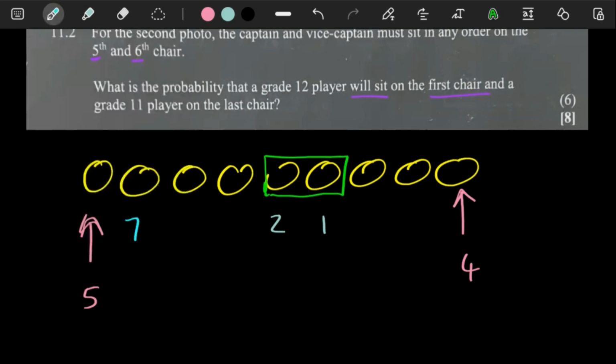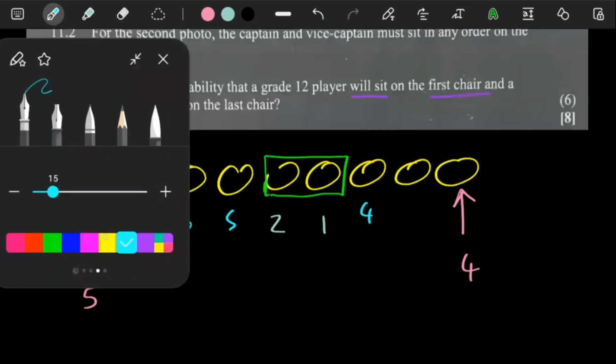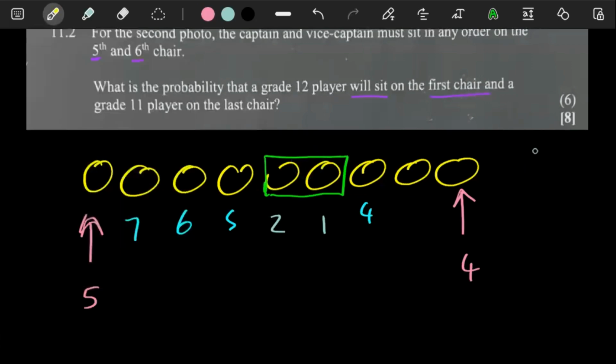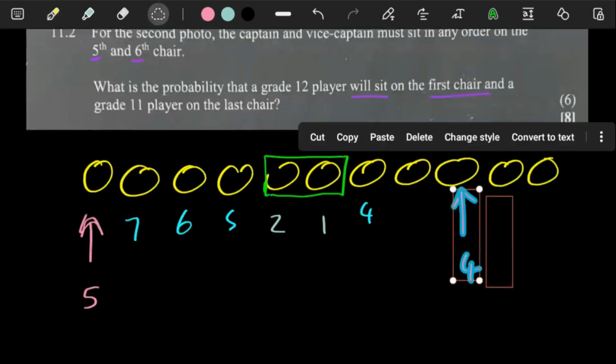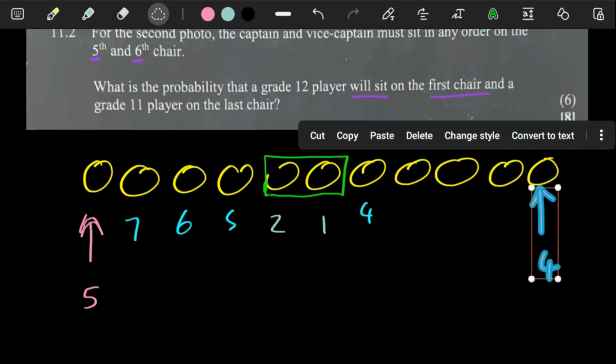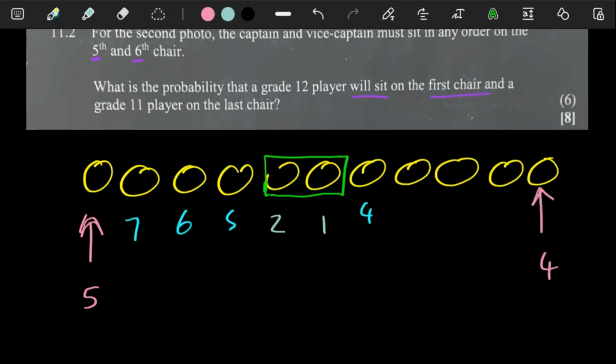Once one sits here, there's 6 options, then 5, and 4, and then let's see, 1, 2, 3, 4, 5, 6, 7, 8, 9, 10, 11. Wow. So when I was talking about the last slot, I was supposed to be talking about this one. So when we are going to sit the rest of the people, there's 7, 6, 5, 4, 3, 2, and then 1 option there.